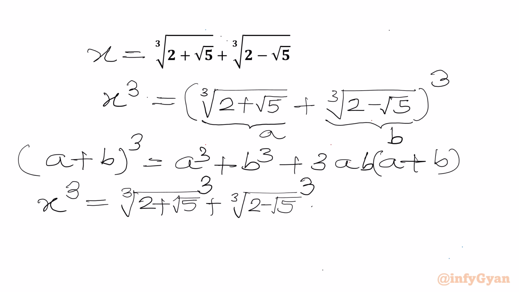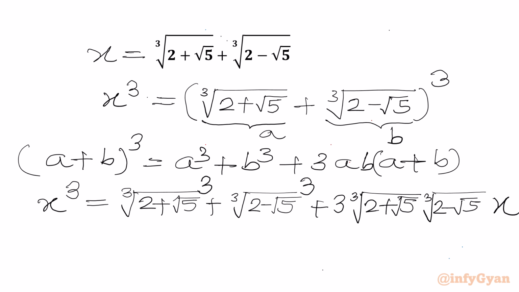This is B cube plus 3 times cube root of 2 plus square root 5 times cube root of 2 minus square root 5, and then we have A plus B. So I will write x. This is A, this is B. So A plus B will be x.